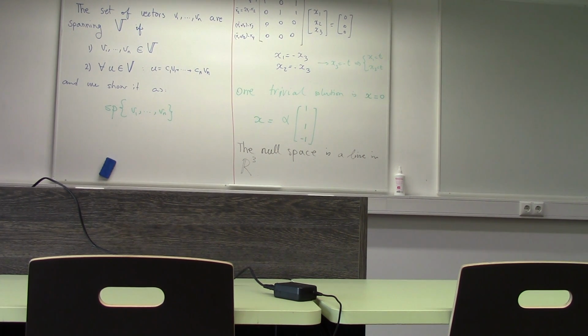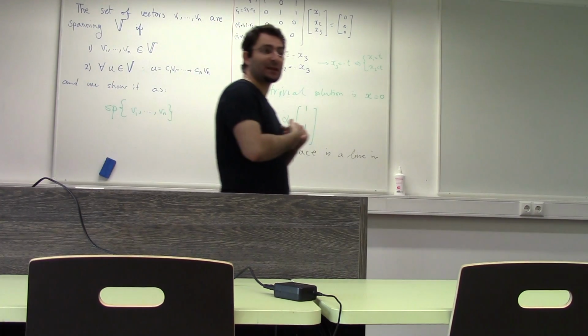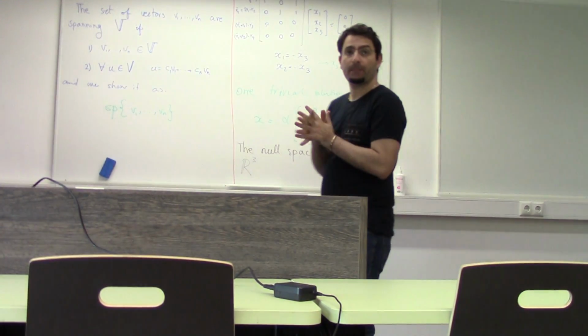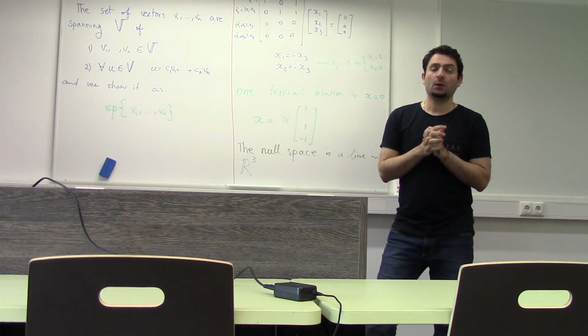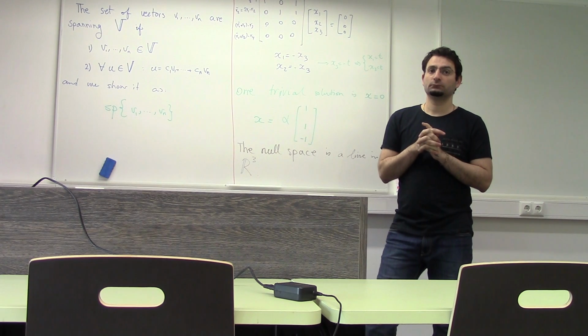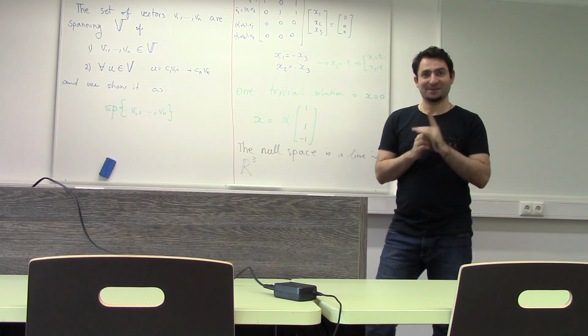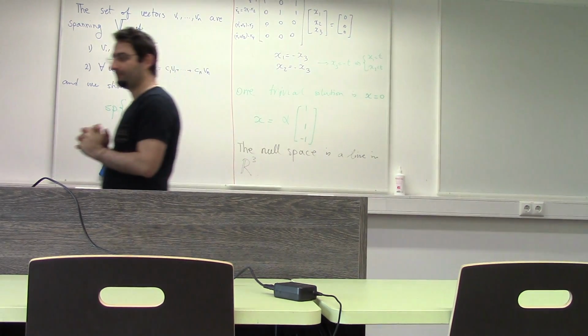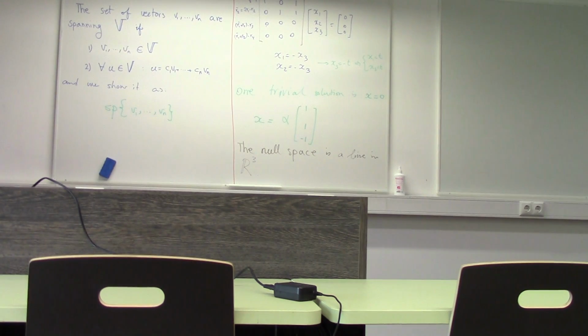A bit later, we add one more condition on top of this, and then we introduce something very important. What is the difference between just spanning vectors and base vectors? Yes, one more condition makes it a base.